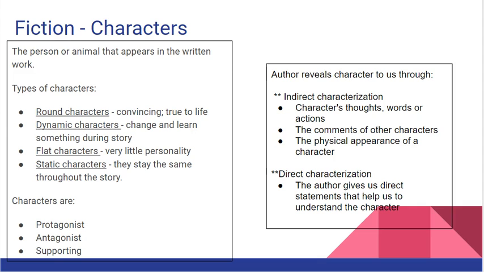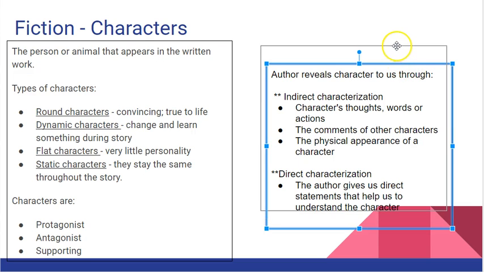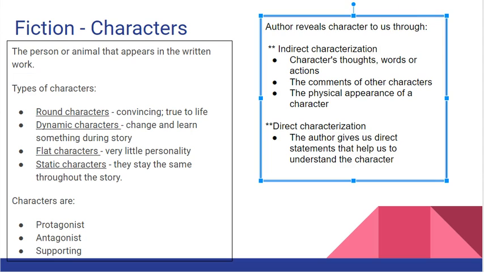There is a lot of information on this page, and all of it is very important. Please pause the video now to write down about characters. One of the first things you're going to be writing about are the types of characters, such as round characters, dynamic characters, flat characters, and static characters. Once you have written that down, restart the video and we'll talk a little more about this.